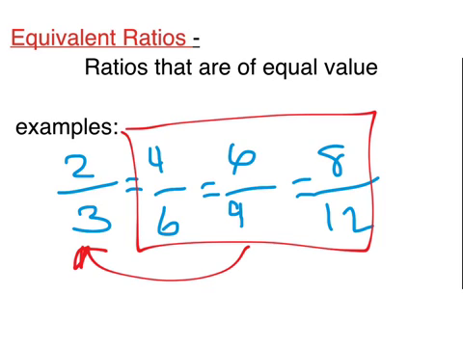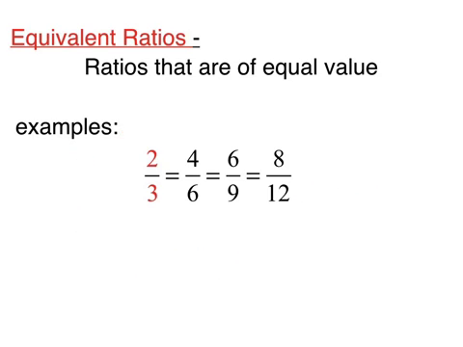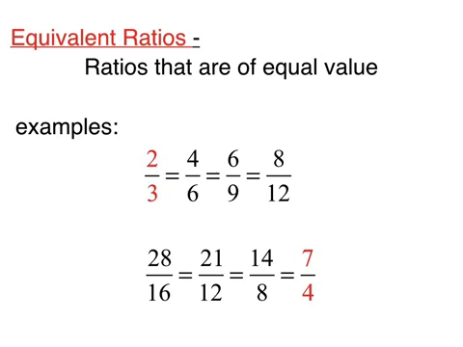Yes? Here's another example. If I have 28/16, that is equal to 21/12, and it's also equivalent to 14/8 and 7/4 because these fractions here all reduce down to equal what? 7/4.